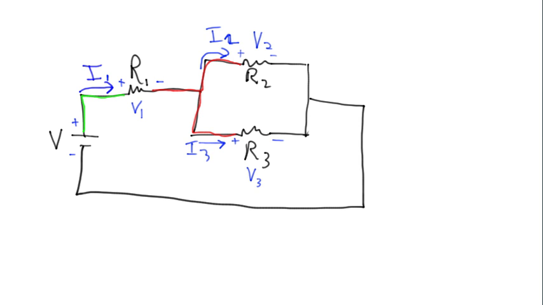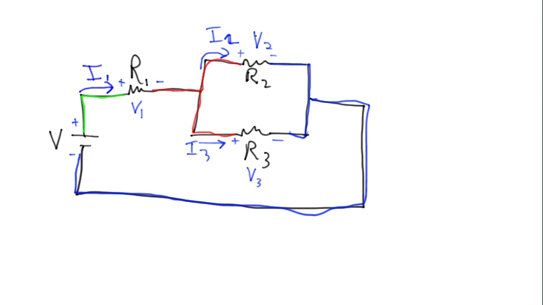Yeah, I guess we might as well make that a different color too, so let's try blue. So we got a red conductor, a green conductor, and a blue conductor.